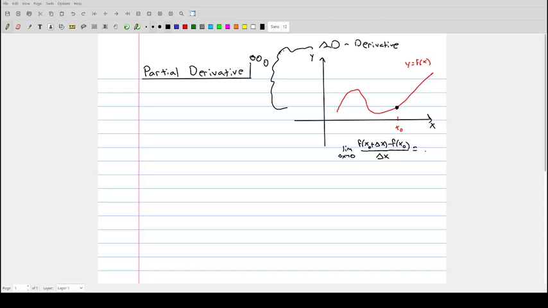And this is very commonly said to be f prime of x naught. Another very common notation for this is dy dx at the point x naught, to indicate that this is being evaluated at the point x naught.